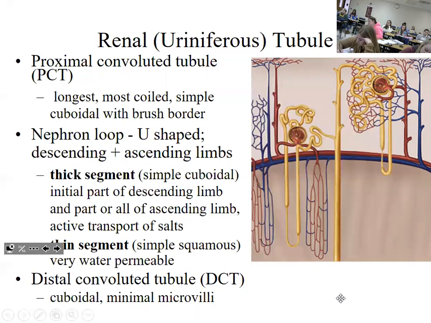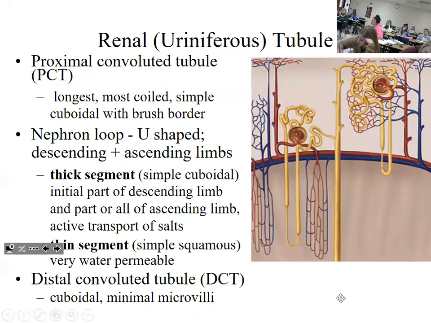Now, true, there's going to be urea, and uric acid, and creatinine, and there are going to be waste products. But there's a lot of good stuff. And as this good stuff moves through this proximal, what does proximal mean? Near. Convoluted means what? Twisted.